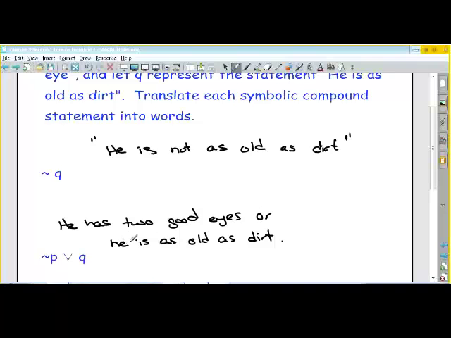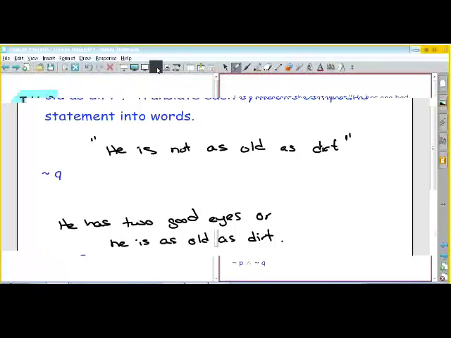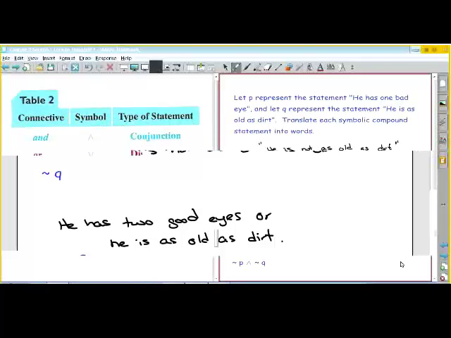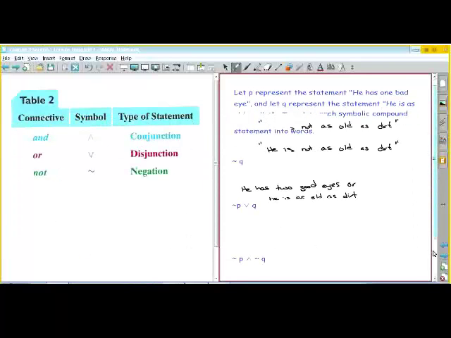This represents the or, and then statement Q is directly from up here: he is as old as dirt. When you have just the statement by itself, it's easy to just copy it down.